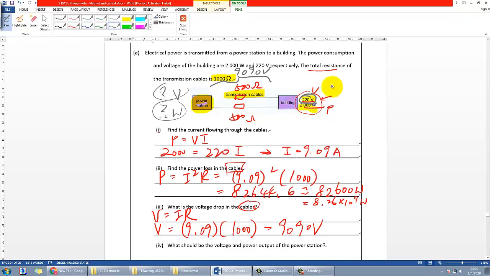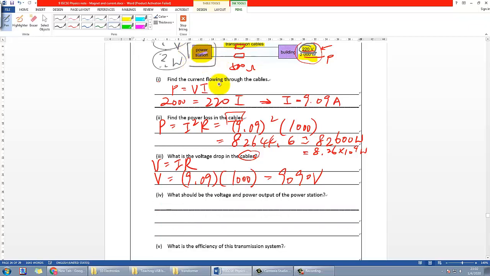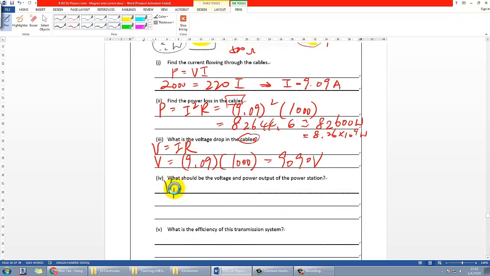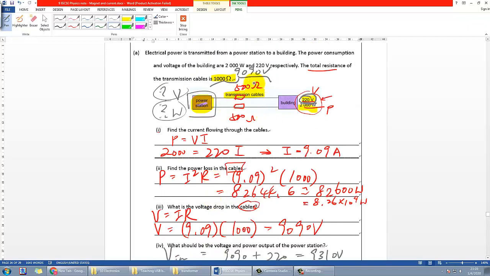So think about what you need to have at the beginning. Imagine this is the battery for the power station. Then what you need for the actual voltage, or input I should say, will be 9090 plus the actual useful one, 220, which is 9310 V. And so for the power, it will be done the same way, because apparently the total power, you just have to calculate the power in the cable and the power in the building.